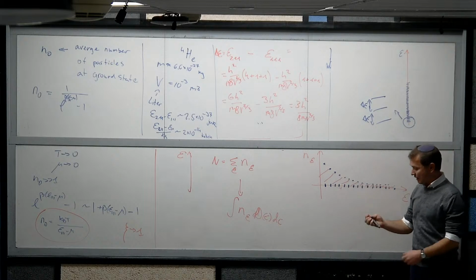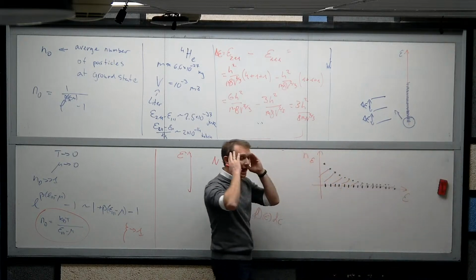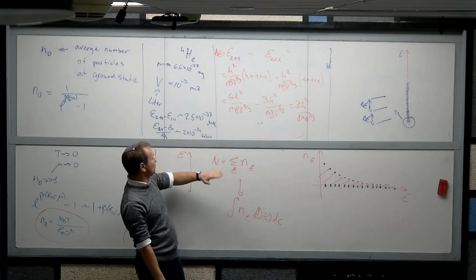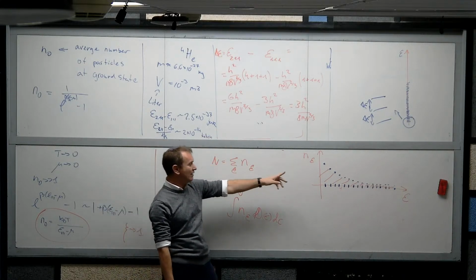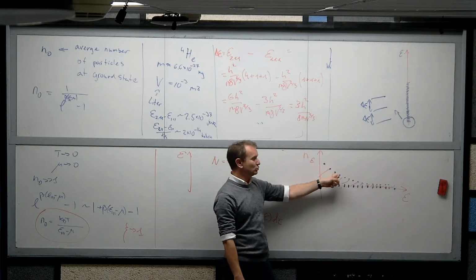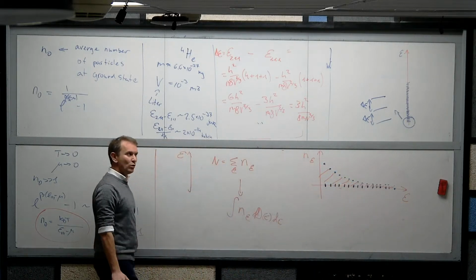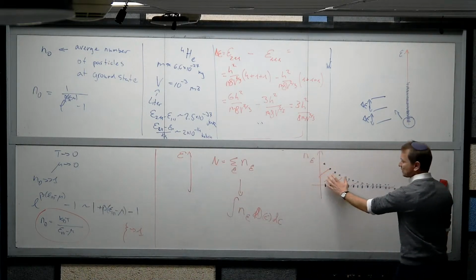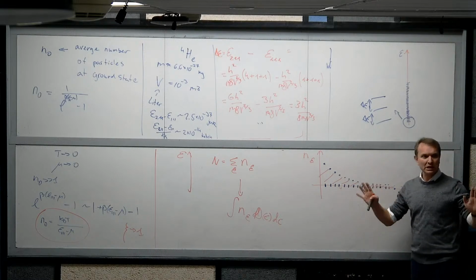Now, this is what I had, and probably what you had in your mind when I made this transition from a summation to an integration. I have a discrete spectrum of energies. I have discrete values of the number of particles at each state, and instead of summing up, I perform an integration. Great, nice.